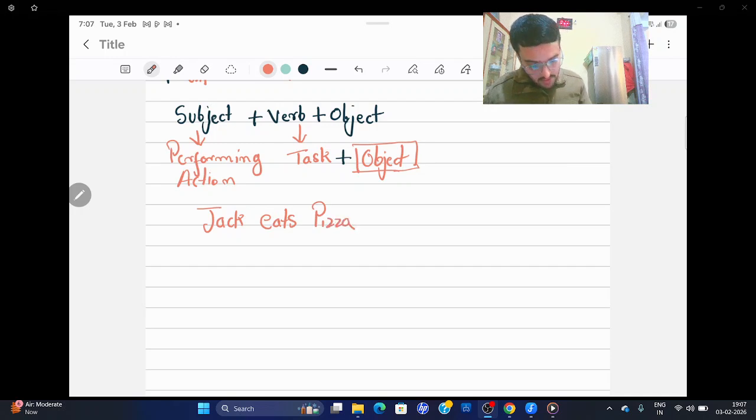Here you can see that Jack is a subject, a person who is initiating the task. Eats pizza. So eats, the verb eating, is a task performed by Jack. And finally, pizza is an object, or the remaining part of the sentence.